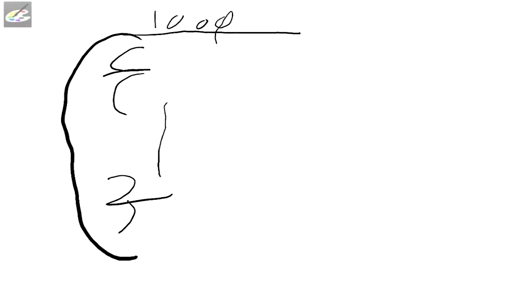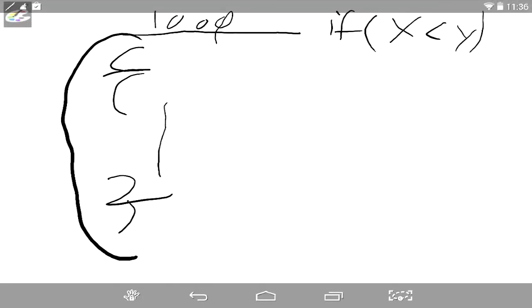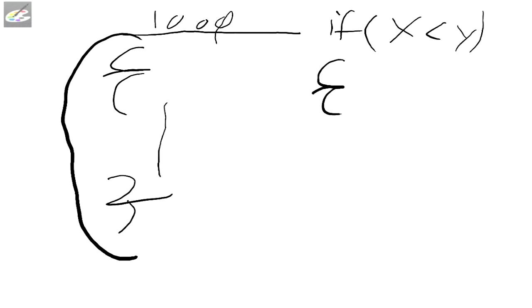So let's go over the first type of loop. The first type of loop is called an if loop, and that only goes through once. Now, an if loop is going to have a comparison inside of it. So let's say that x is less than y. Go inside the loop and set x equal to y.